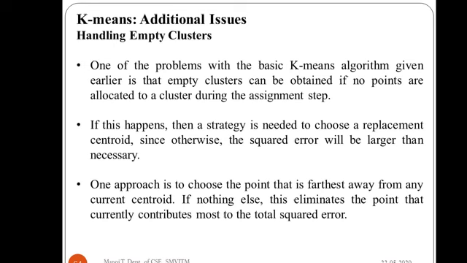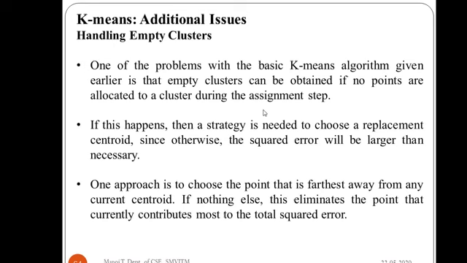First issue is handling the empty clusters. Suppose we have an empty cluster while executing the k-means algorithm, then what are the problems posed by that? One of the problems with the basic k-means algorithm is that empty clusters can be obtained if no points are allocated to a cluster during the assignment step.